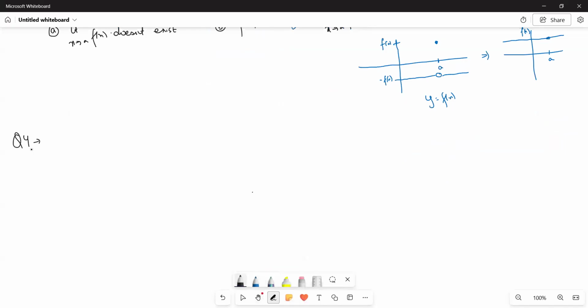Next question. If f(x) is defined as, okay, let's first write the whole story and then do this. That's a very interesting question that we are going to do next.